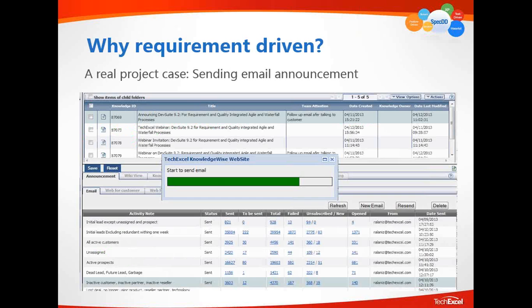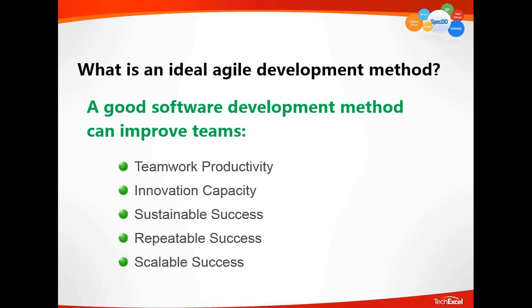I would say if there's only one factor a team should rely on to improve all the possible successes for an ideal method, I would say communication is the best.